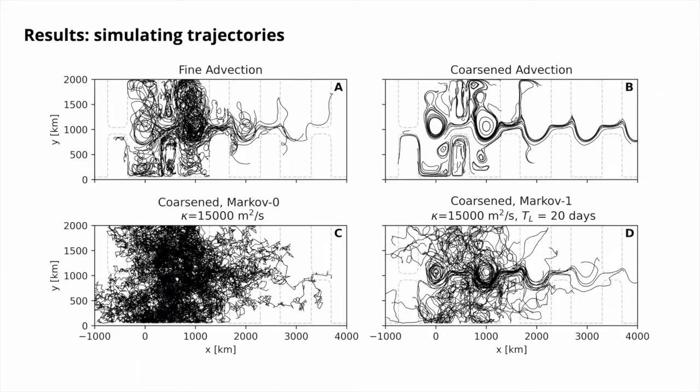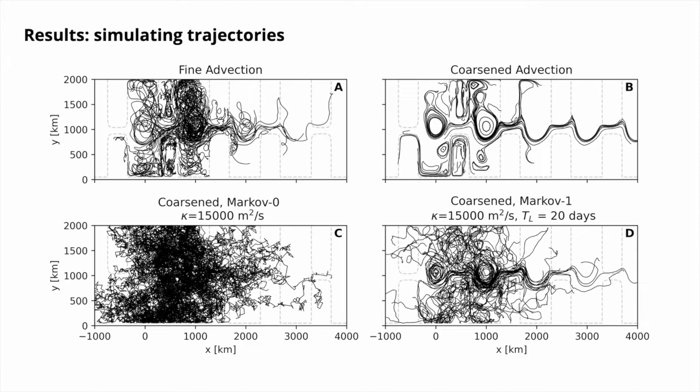Now, let's also look at some actual trajectories. In figure A, you see trajectories of particles advected using the fine or the high resolution flow field. And in B, you see trajectories of particles that were only advected using the coarsened version of the flow field, so with no eddies. And this again shows the need of a dispersion parameterization.